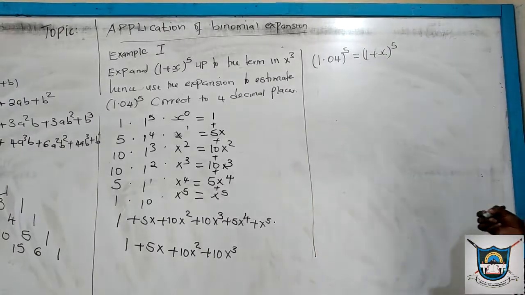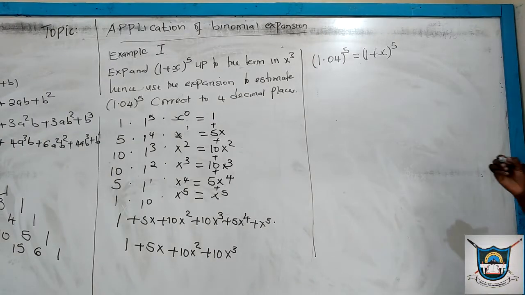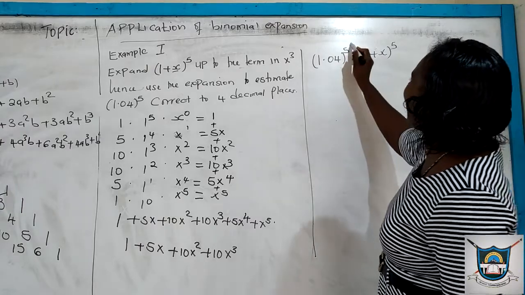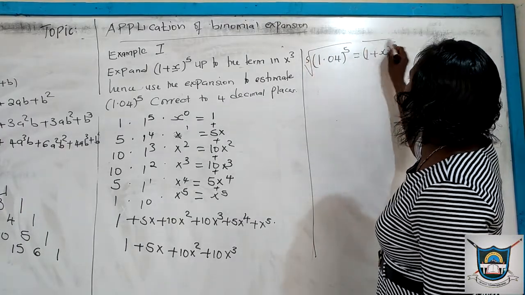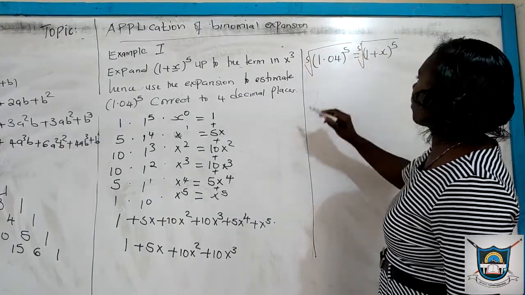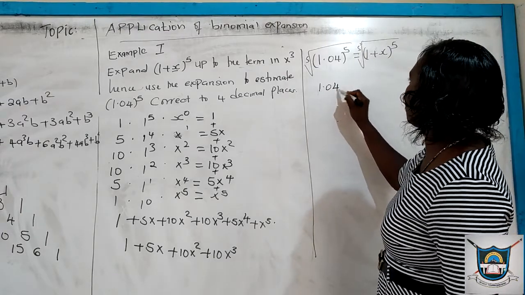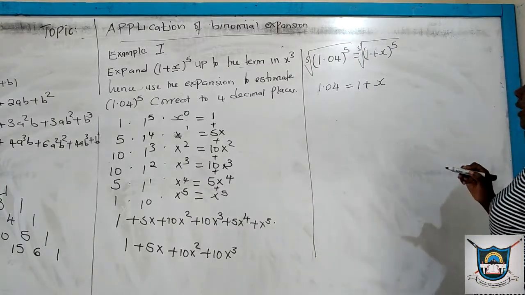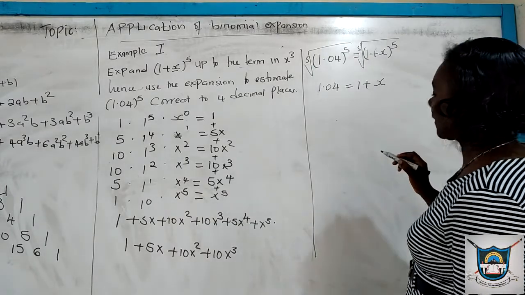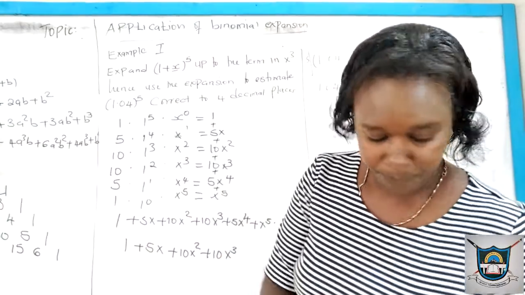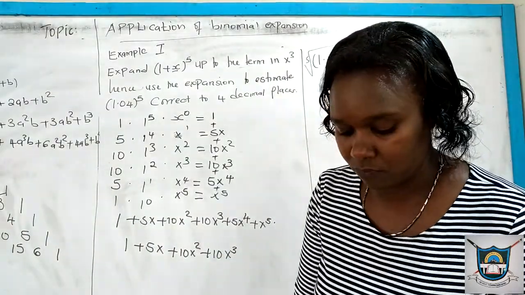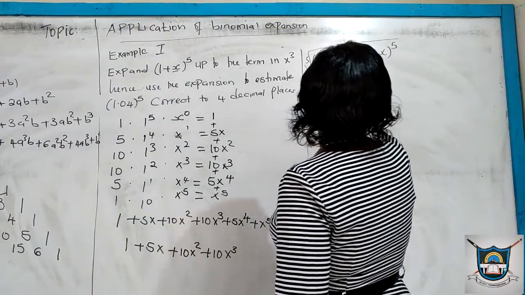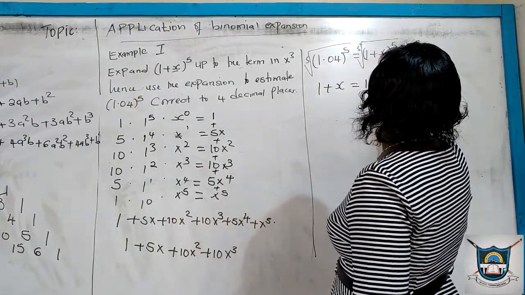Now, to be able to remove that power 5, we get the fifth root of each side. So now we'll be left with 1.04 is equal to 1 plus x. From there, we can subtract. Let me write it well. 1 plus x is equal to 1.04.